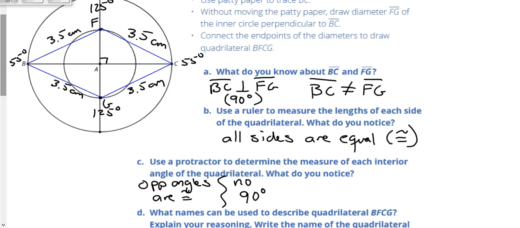So the minute that we have the interior angles not being 90, we know that rules out square and rectangle. Now, we do have all equal sides. So I was kind of thinking square, but now that we don't have 90, it looks like we're heading down the road of a rhombus. And not all four angles are congruent, but we have that consecutive angles are supplementary.